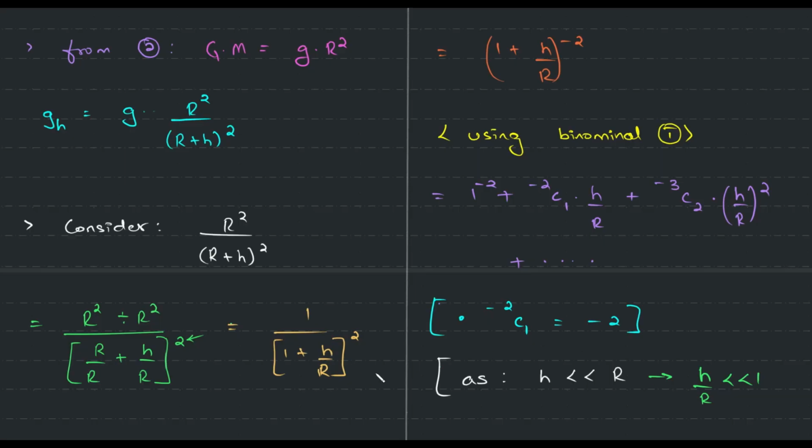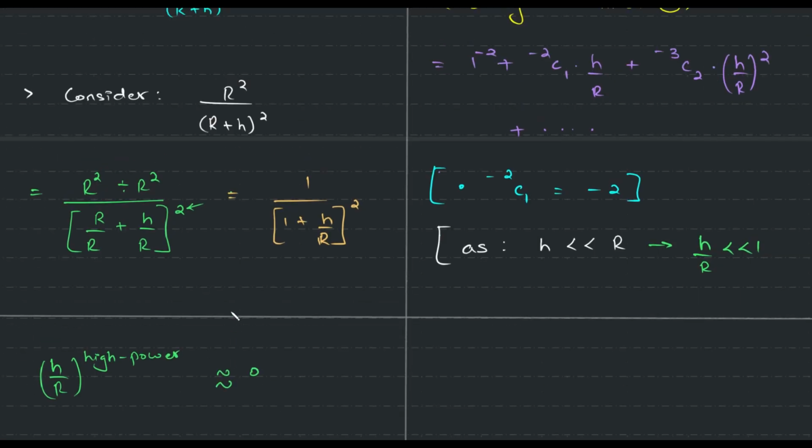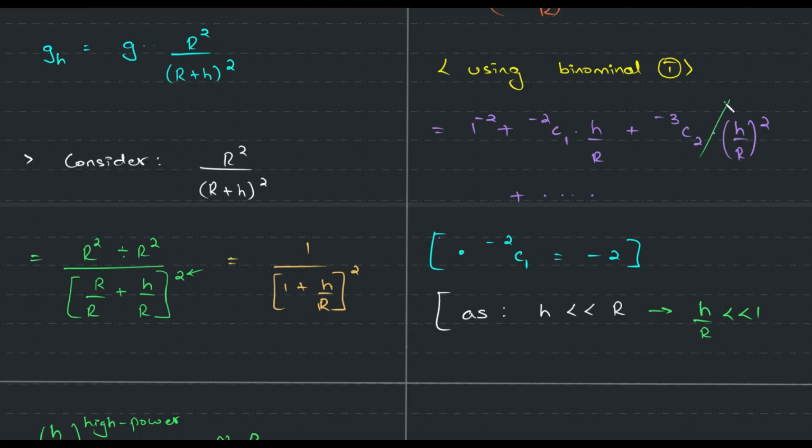So h by r to any high power, square or cube and all of that, will give us 0. So this term will be 0 and the remaining terms also will be 0.